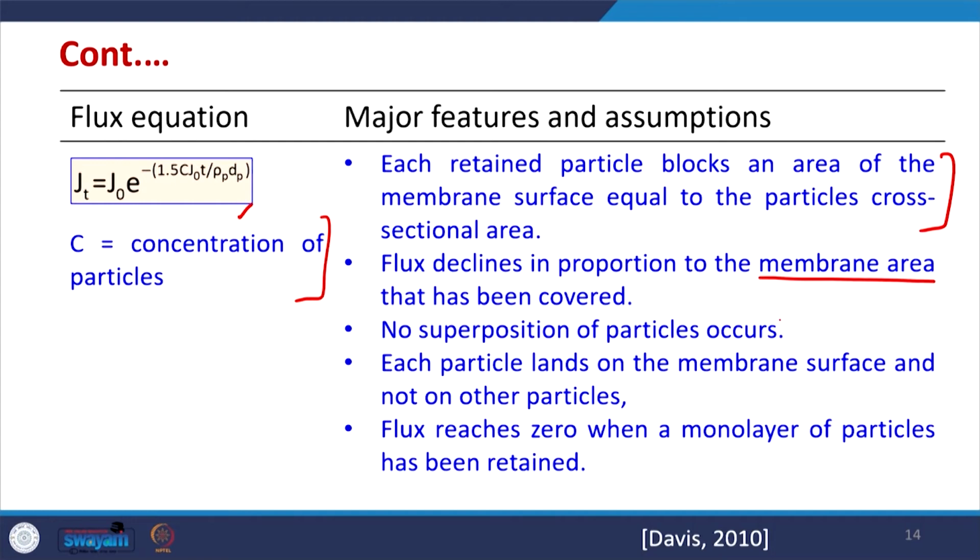So, here we are assuming that each of the particles is different, each particle lands on the membrane surface and not on the other particle, which may not be very true. And flux reaches 0 when a monolayer of particles has been retained. So, these are the basic assumptions of this equation. Many of the assumptions may not be very true.